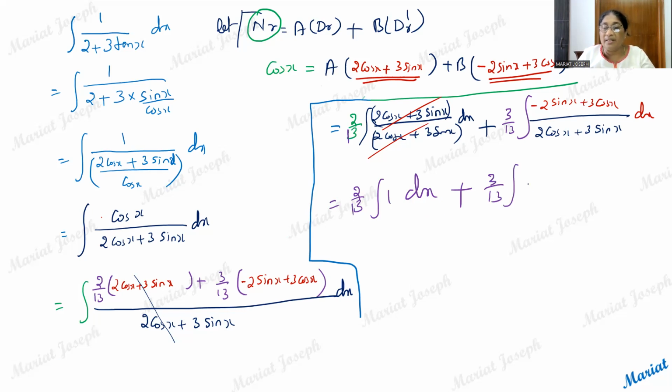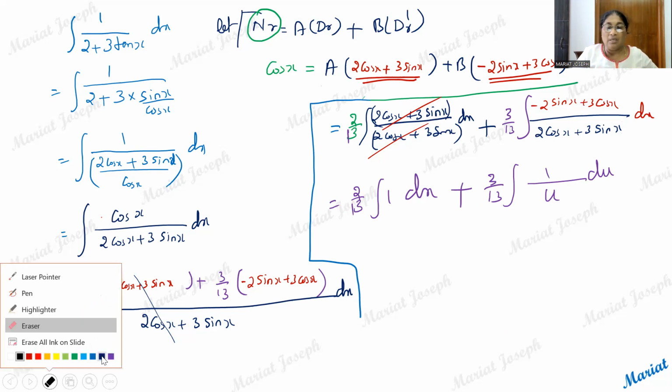3 by 13 integral. Denominator you take u, we have already created the du in the numerator. What are we taking u as? U is this denominator. Numerator we have already created its derivative over there.